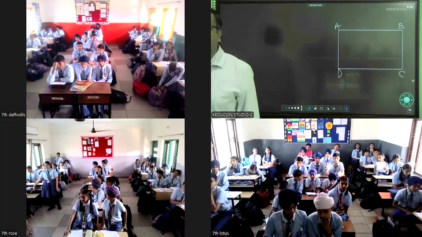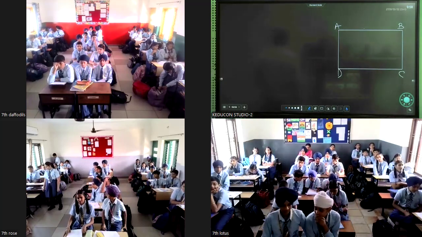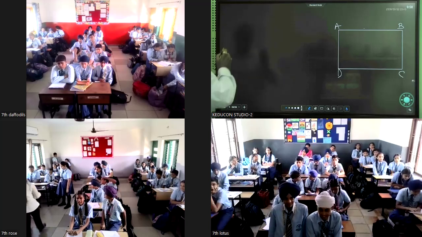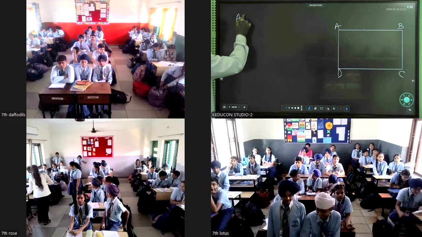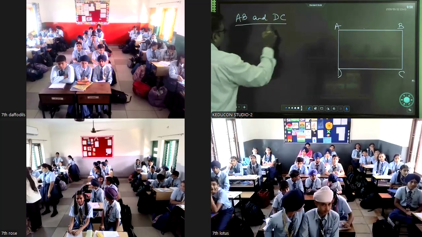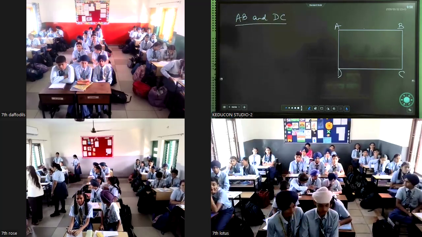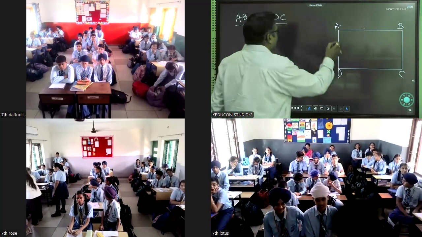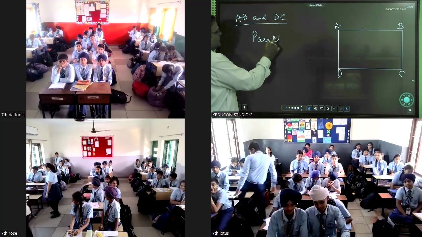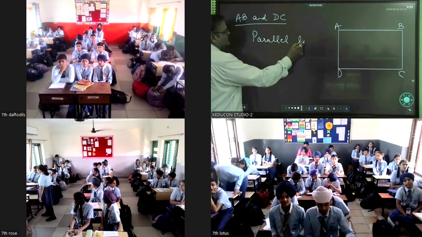The lines AB and DC, what type of lines are these? Do you know what are parallel lines?